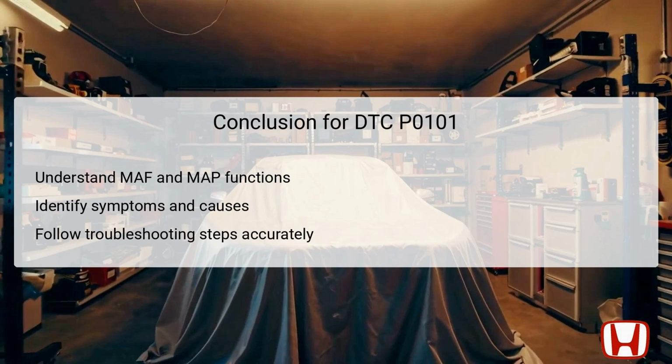Furthermore, being aware of the potential causes, from damaged intake ducts to misconfigured hoses, is essential in targeting the repair effectively. Following the outlined troubleshooting steps accurately can greatly enhance the chances of resolving the issue on the first attempt. Proper preventive maintenance practices also play a crucial role in ensuring that these components function correctly, safeguarding against future problems and optimizing overall vehicle performance.